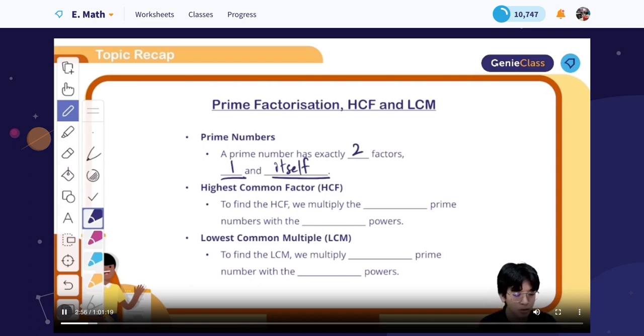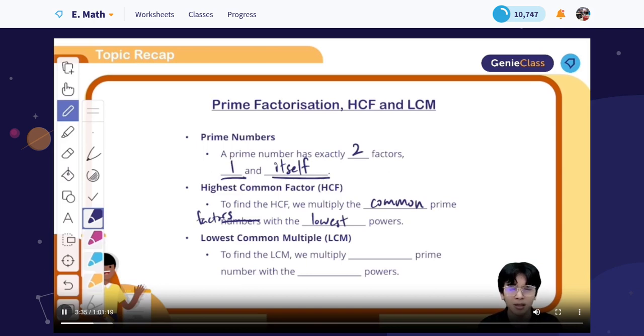We multiply the common prime factors with the lowest powers. It's a bit counterintuitive, right? You want the highest common factor, but you take the lowest powers.